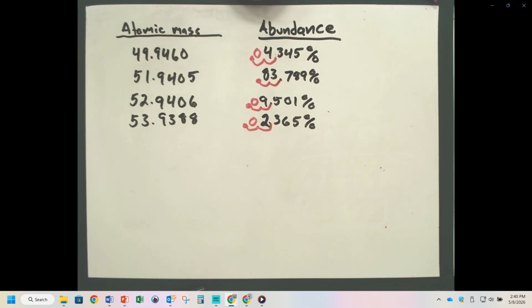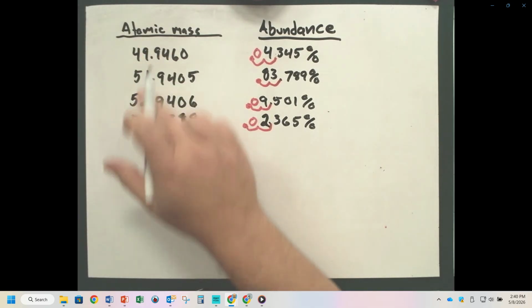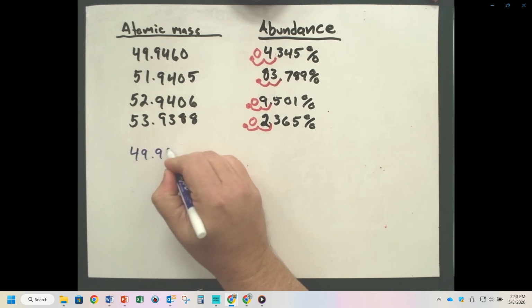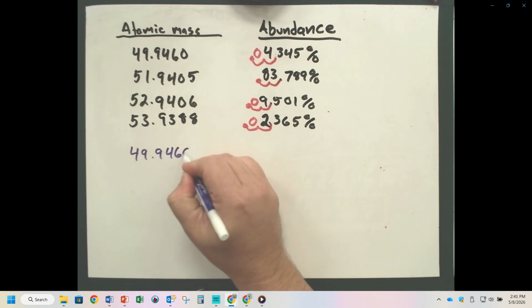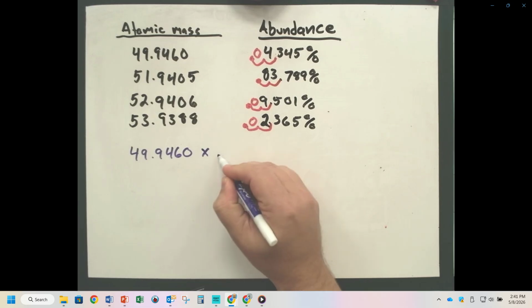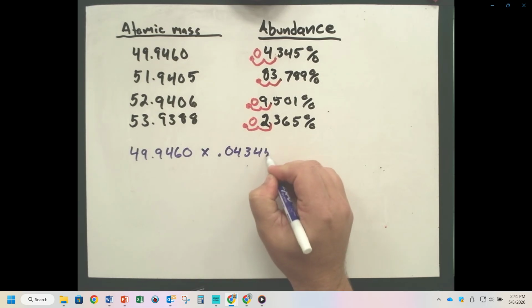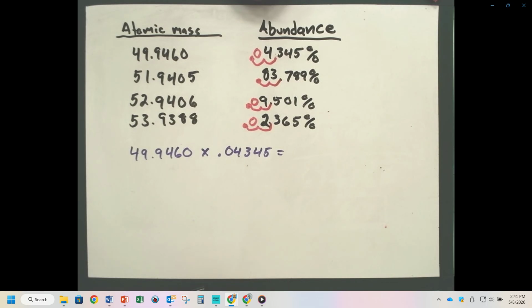Now we're going to set up a multiplication problem. So I'm going to do these in the same order. I'm just going to do it down here. So I've got my 49.9460 times 0.04345 equals. Okay, so I did my mass times the abundance.